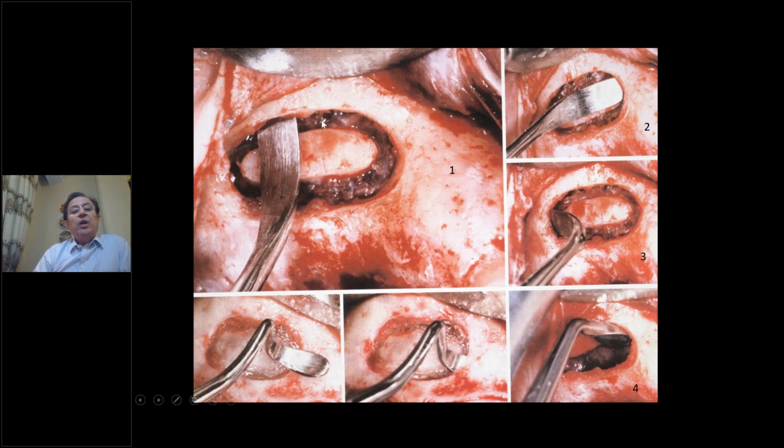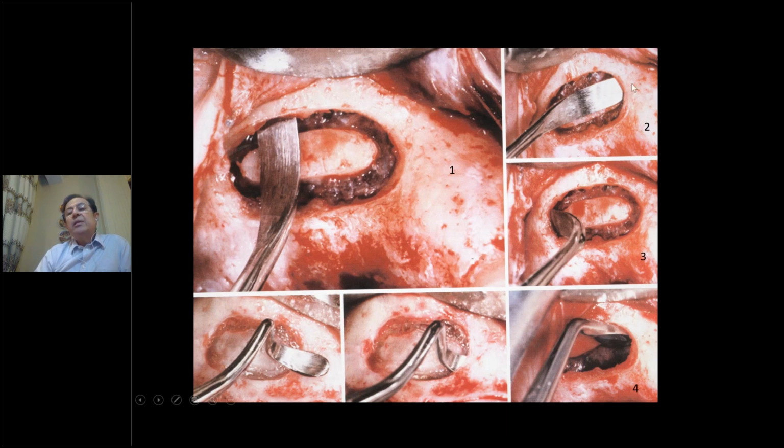If we have perforation in this area, the management is very, very easy compared with other areas, because we can extend from this area, and when we detach the membrane from the inferior border, the membrane will fold over the perforation, and the perforation will close automatically.